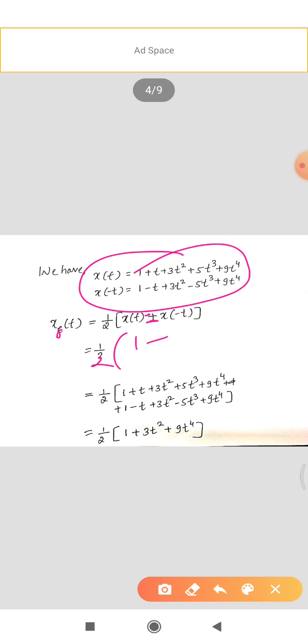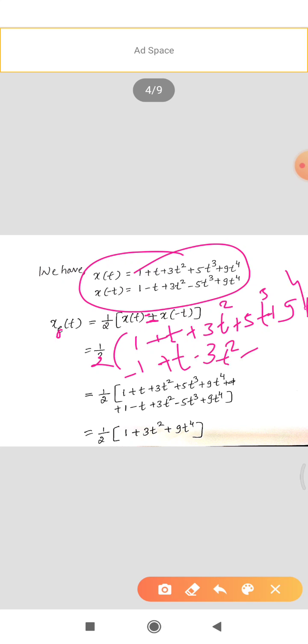1 by 2, 1 plus t plus 3t square plus 5t cube plus 9t raised to 4. Minus, we'll take minus and multiply with that minus sign: 1 minus t plus 3t square minus 5t raised to 3 plus 9t raised to 4.